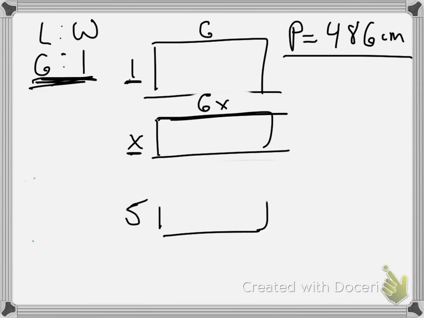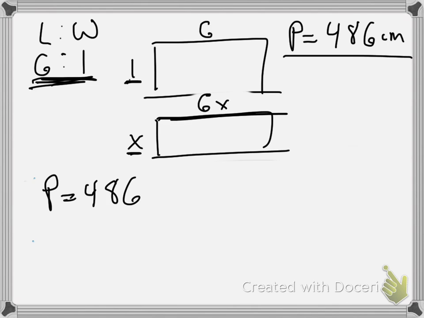So if I have this general rectangle, I want the perimeter, P, to equal 486. Well, if I write out a formula for the perimeter, we could say x plus 6x plus 6x plus x plus x.